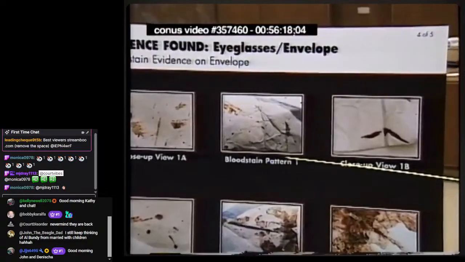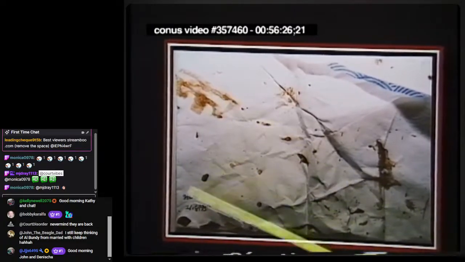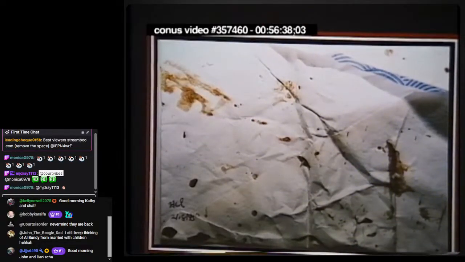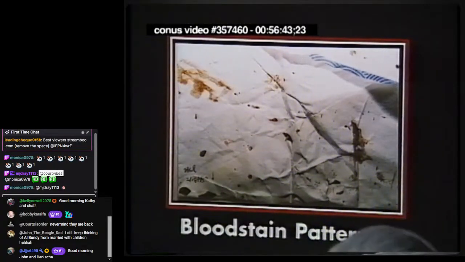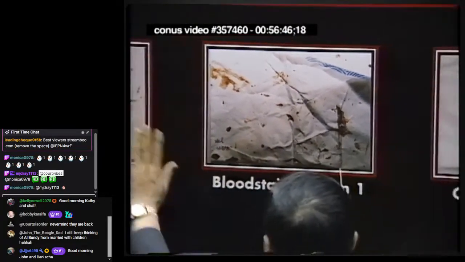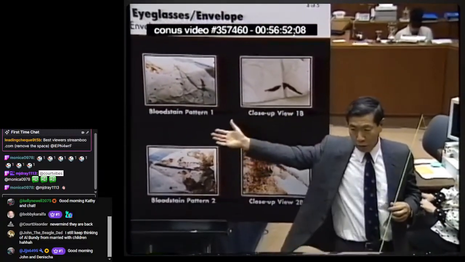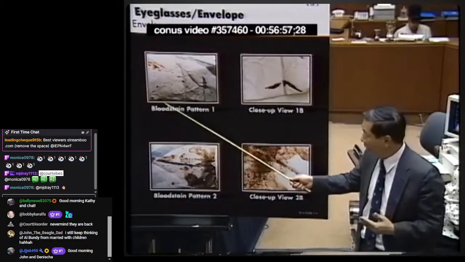Please proceed with your description of the bloodstain pattern as depicted on the board. The bloodstain pattern on the back of the envelope consists of hundreds of bloodstains. The photographs depict only certain sections. The top row, middle column, if I look at the back of the envelope directly, is on my left-hand side. If I'm the envelope, it should be on the right. So it depends which side you're looking at.